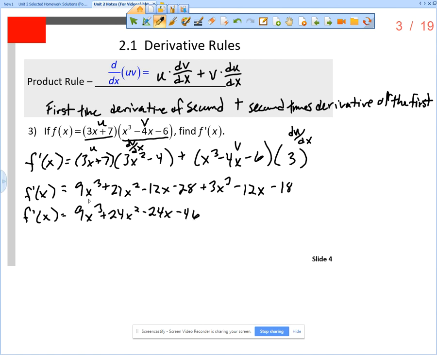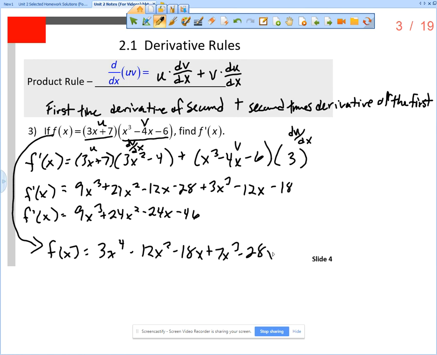Now, any one of these versions is correct, but did we have a different option for finding this derivative? So what if, instead of taking the derivative, what if we just multiplied f out? So f of x could have been multiplied out, right? So 3x times x cubed, that would be 3x to the fourth. And then I have 3x times minus 4x, that would be minus 12x squared. 3x times minus 6, that would be minus 18x plus 7x cubed minus 7 times 4, so 28x, and then minus 7 times 6, minus 42.